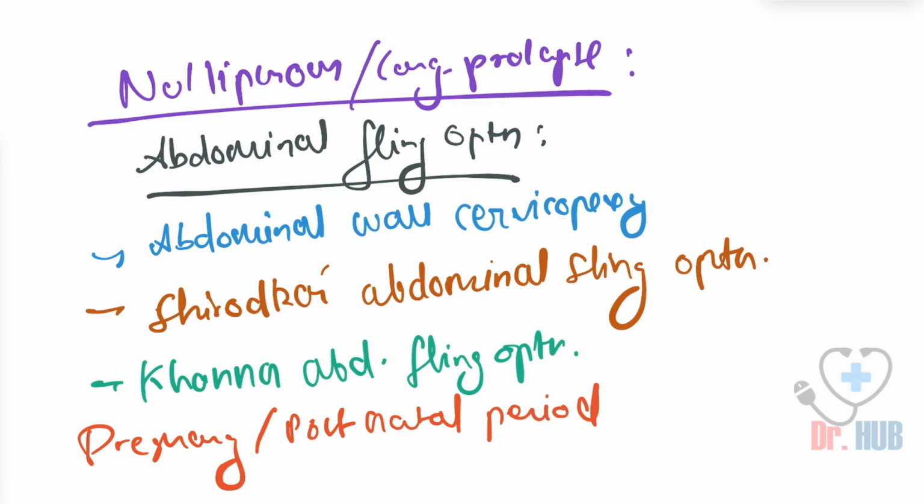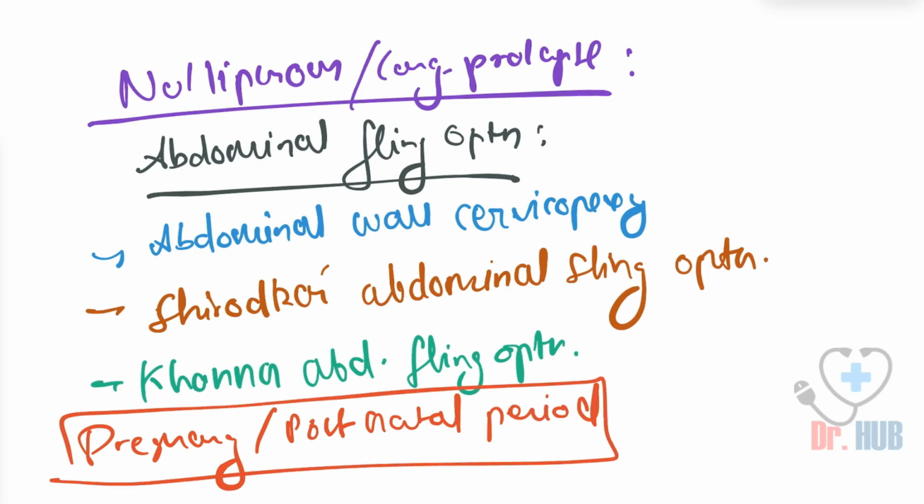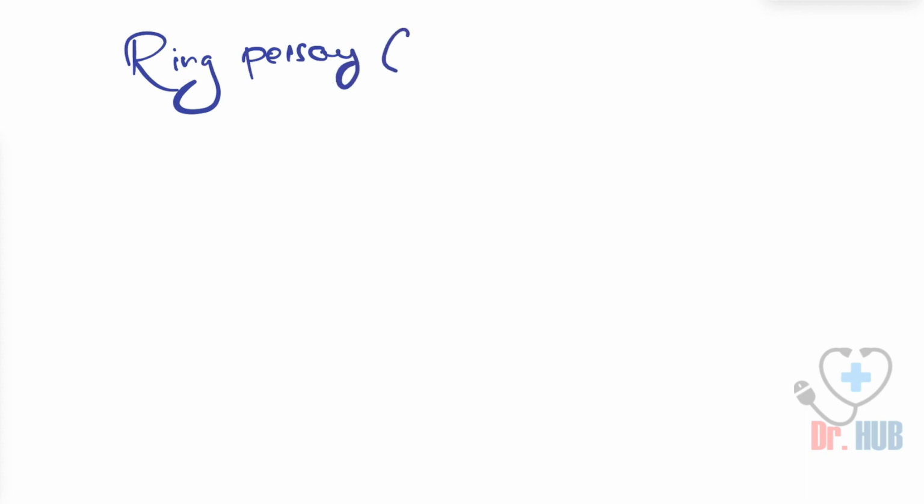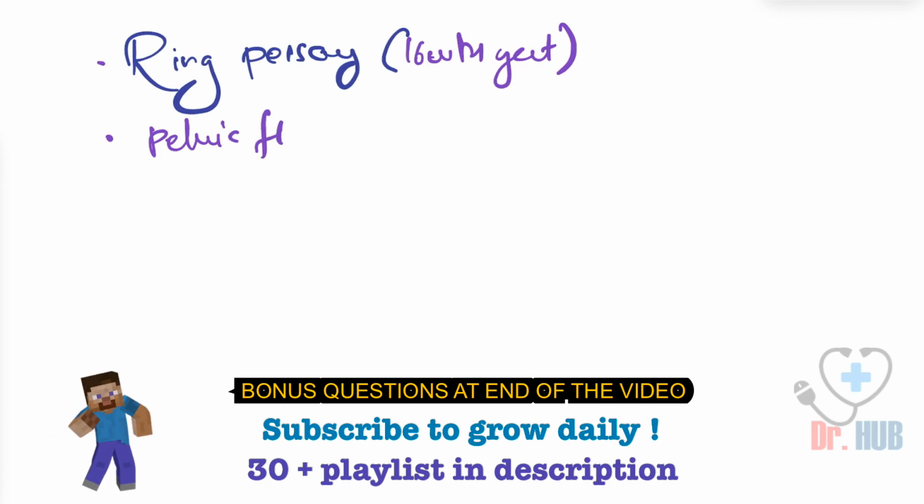In such cases, the treatment will be by the ring pessary, basically up to 16 weeks of gestation. Next one is the pelvic floor exercise.